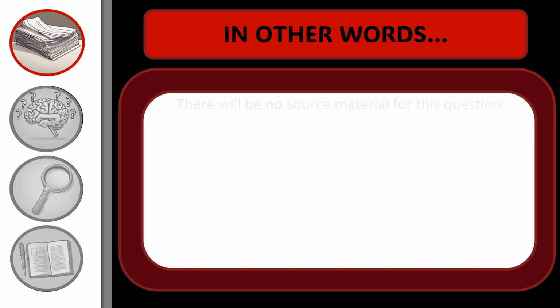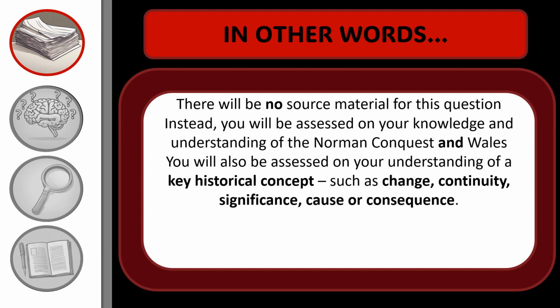There will be no source material required for this question. Instead, you will be assessed on your knowledge and understanding of Norman conquest and Wales, the idea being that it's not necessarily a conquest of Wales. You will also be assessed on your understanding of key historical concepts. I think they will be change, continuity, significance, cause, and consequence.